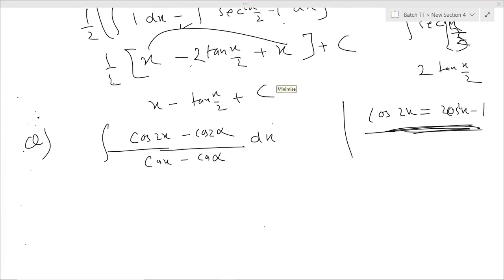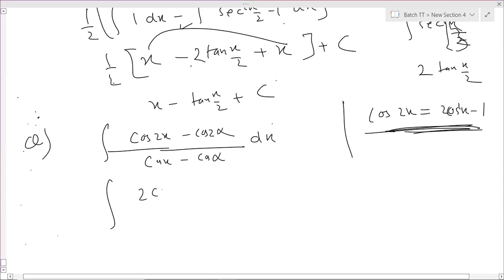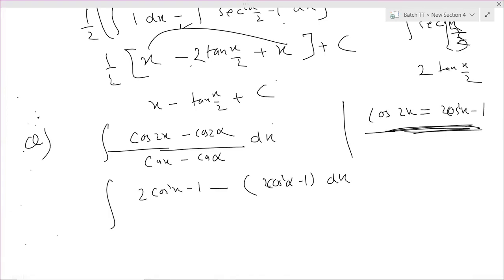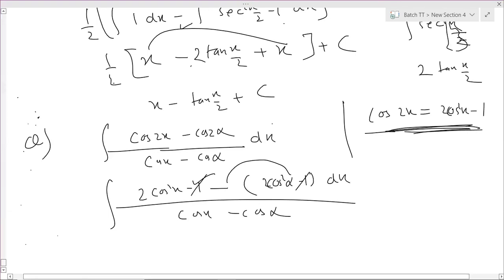All right. So very simple question. Integration of cos 2x, we can just replace with 2 cos square x minus 1, minus 2 cos square alpha minus 1, dx, whole divided by cos x minus cos alpha. This is minus 1 minus minus, plus 1. We can cancel out.